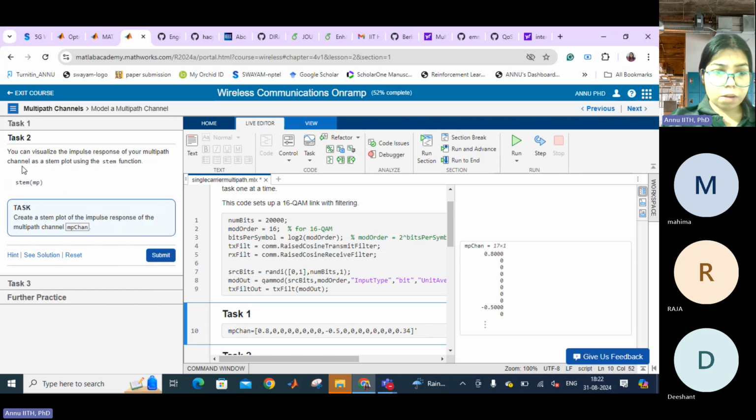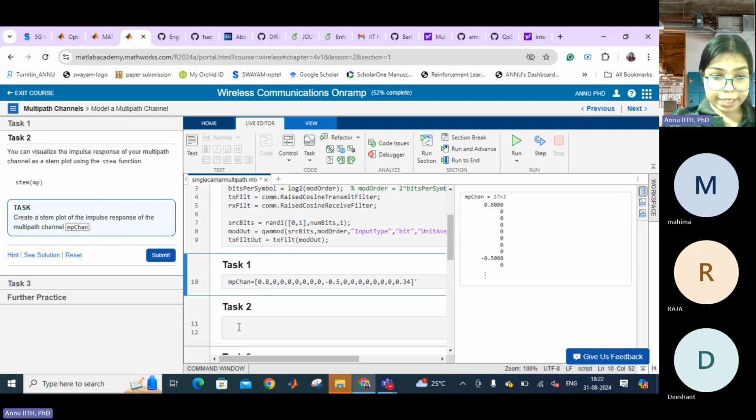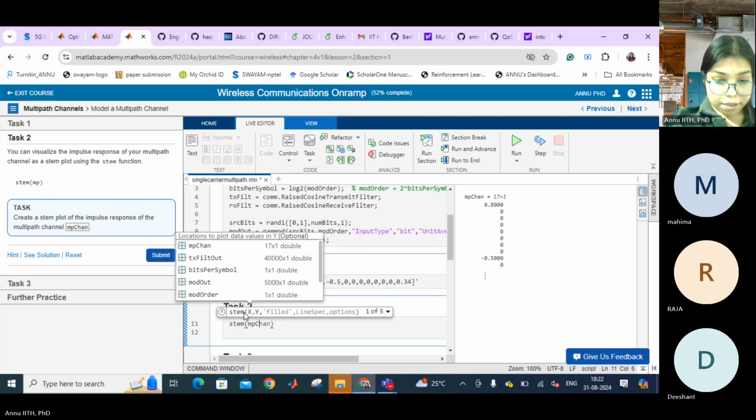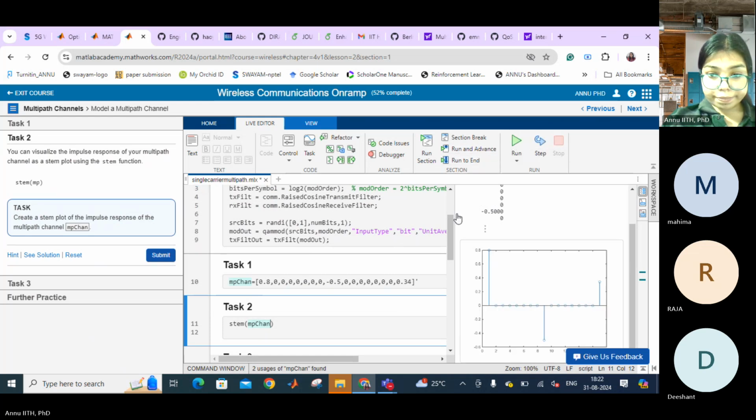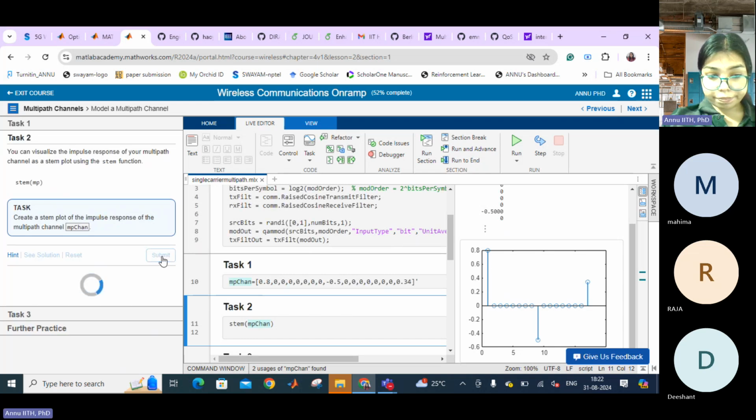Next task. Now you can visualize the impulse response of a multipath channel as a stem plot. So let's visualize. Okay, so we can see where we are having the values.